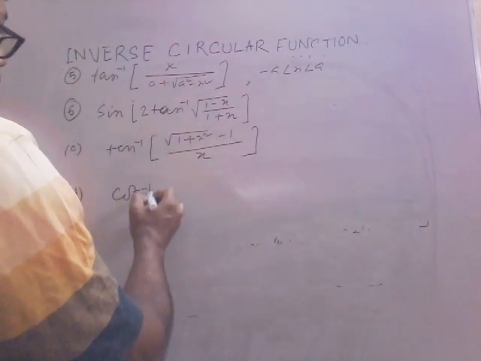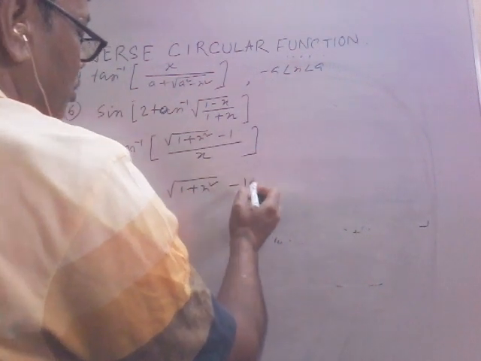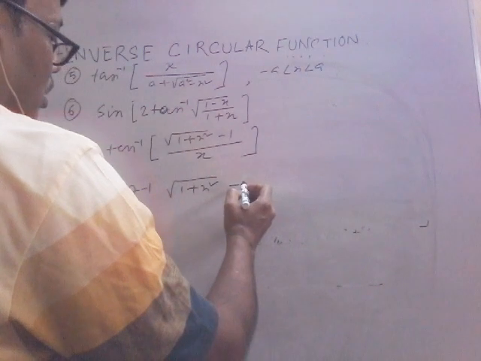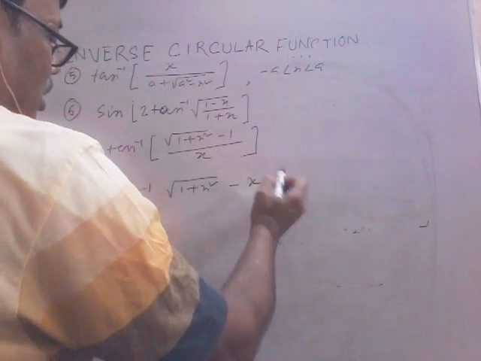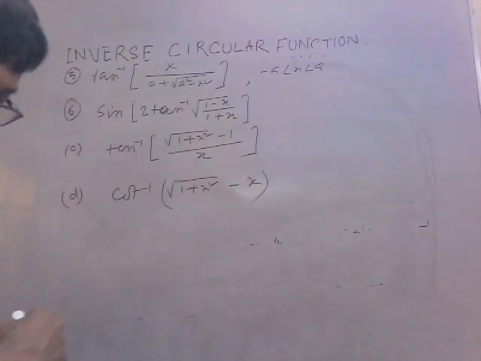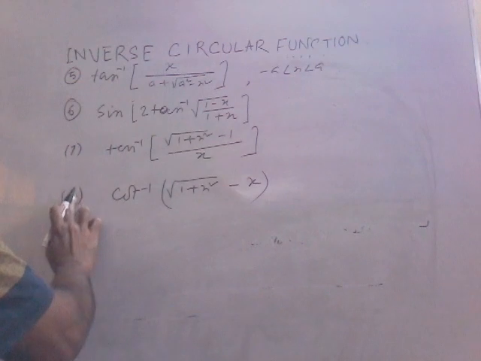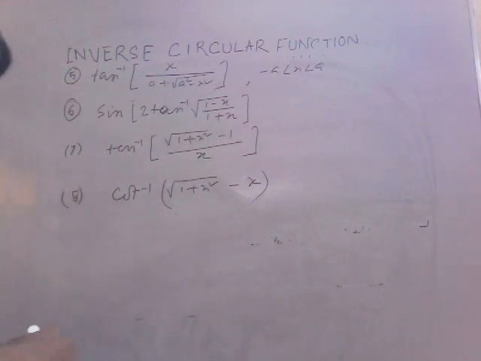Cot inverse of root over 1 plus x square minus x. This is 7, this is 8.